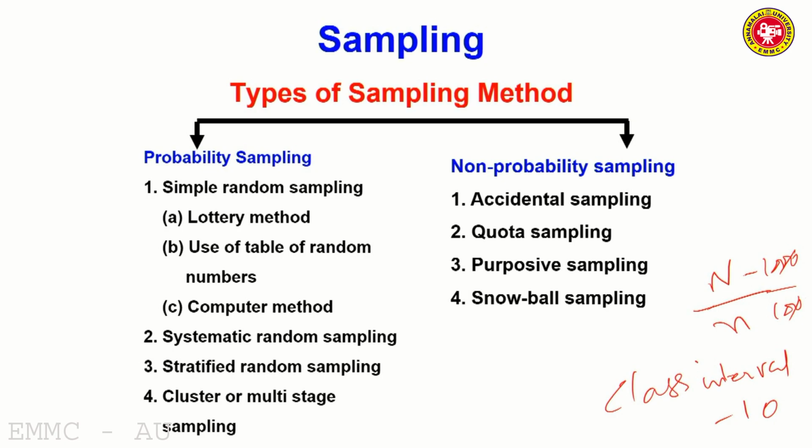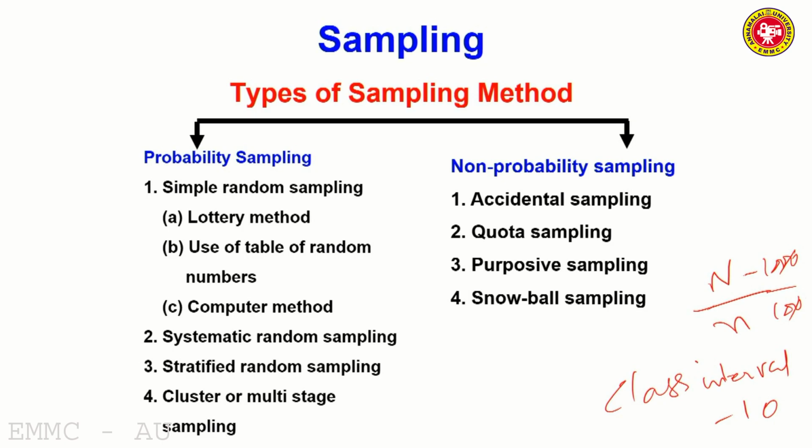Another example: I want to study the impact of automation on industry. I have to identify which industries introduced automatic machines, then go and collect the data. So, my purpose is that. For that type of study we can go for purposive sampling.